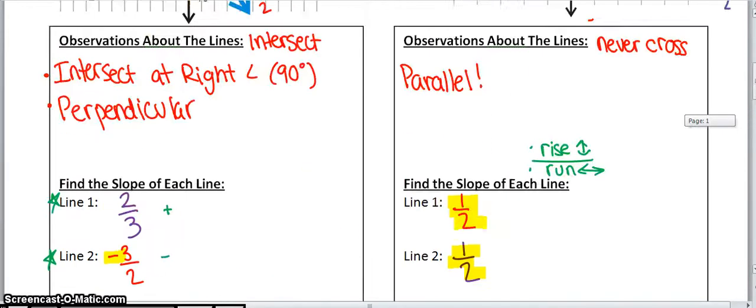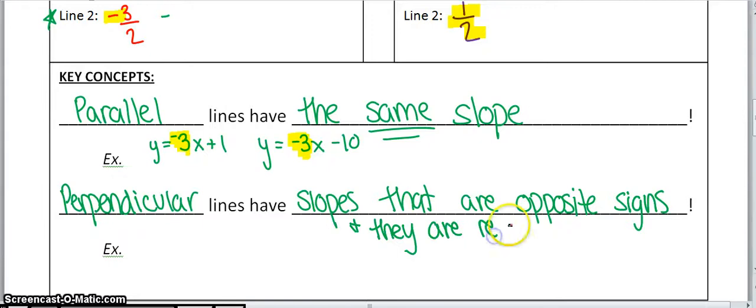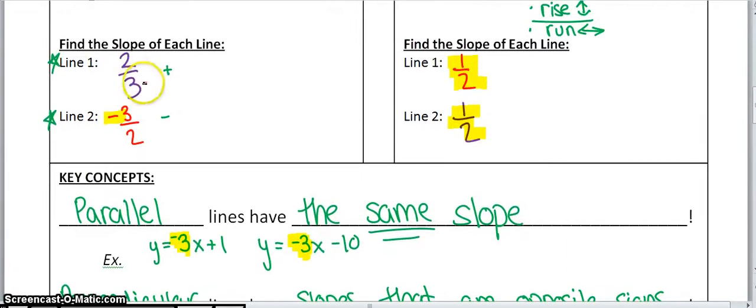One has to be positive and one has to be negative. You can say opposite signs if you prefer. And they are reciprocals. That's a big math word there. Reciprocal means that they're flipped. So if I took this and switched them around, I would have this slope.